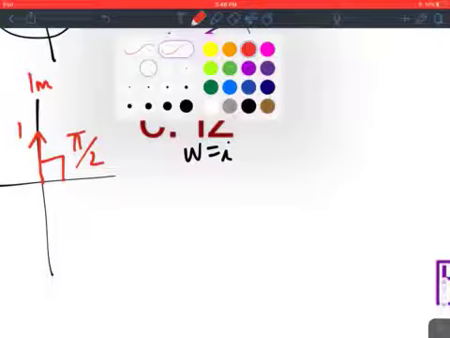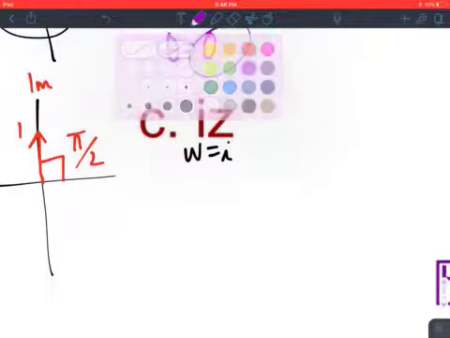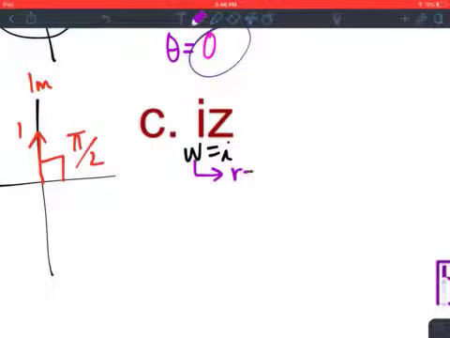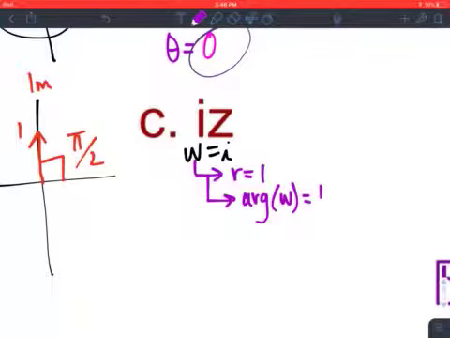For W, R is equal to square root of 1, which is just 1. The argument of W is equal to pi over 2.